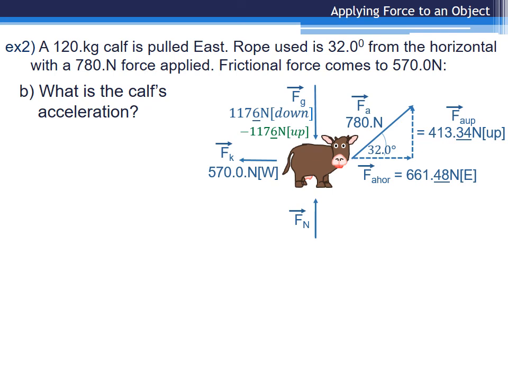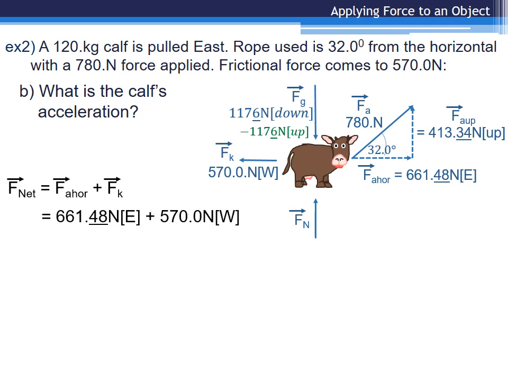So the only things that are going to play into how fast this cow is accelerating are the vectors applied in the horizontal, and that is force applied in the horizontal and the kinetic force of friction. So F net equals force applied in the horizontal plus force of kinetic friction.